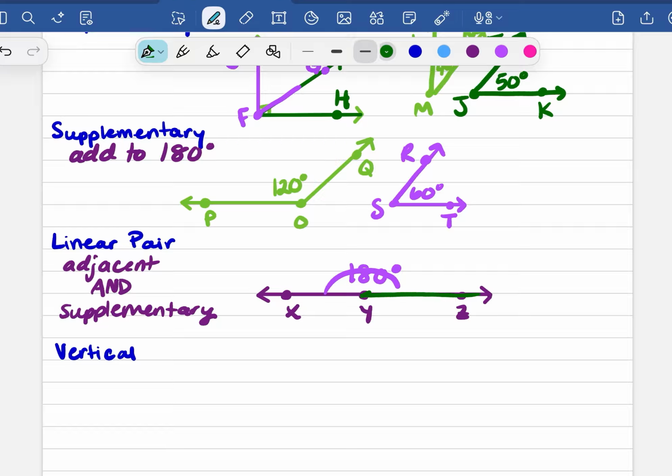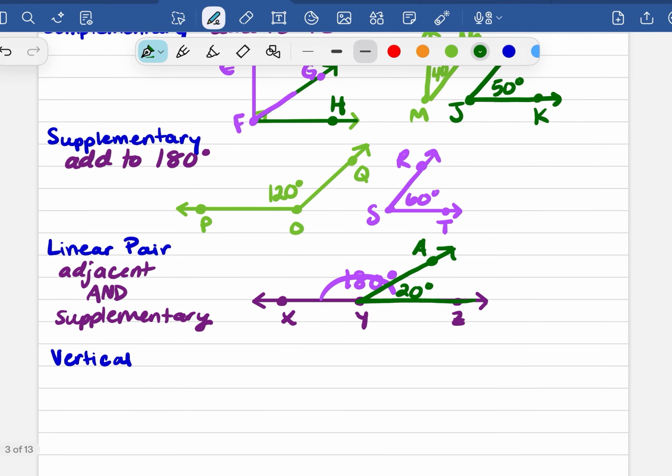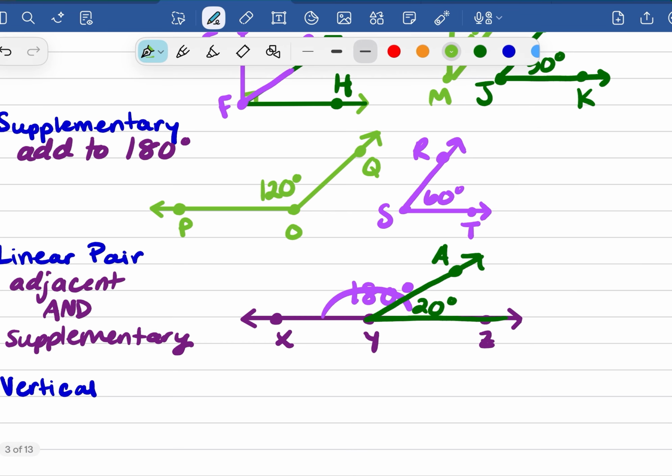If I make this into point A, so I have ray YA or angle AYZ now. If this is, we'll say this is 20 degrees. Looks like it could be 20. I'm not getting a protractor out. 180 minus 20 is 160.